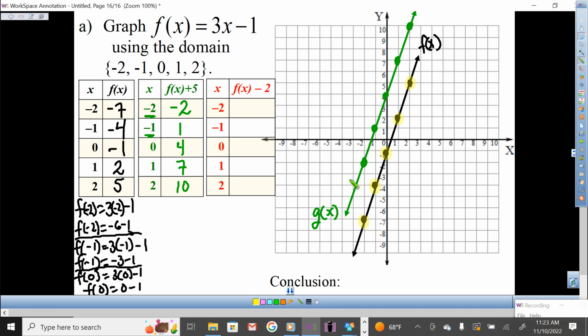So imagine somebody walks in, and they have no idea what we're doing, and they don't know what we did over here, but they can see graphs. This is our original one. This is our new one. What can you tell them happened to this one to get to the green one? Talk it over with your neighbor.